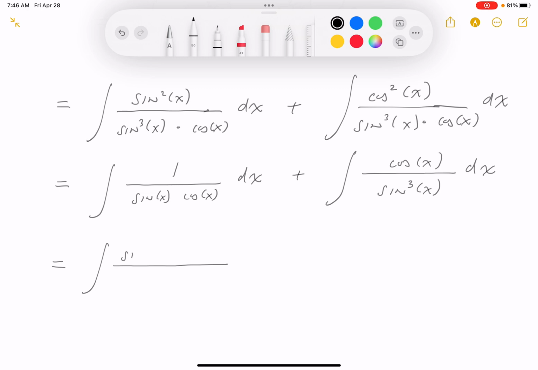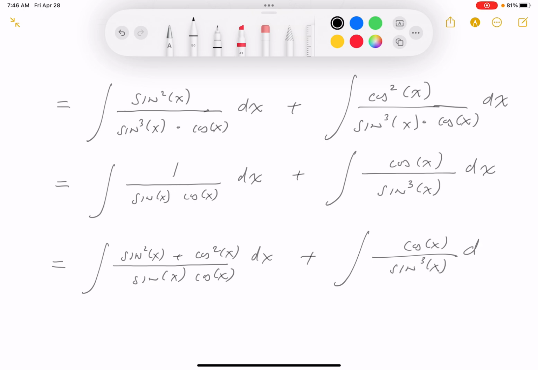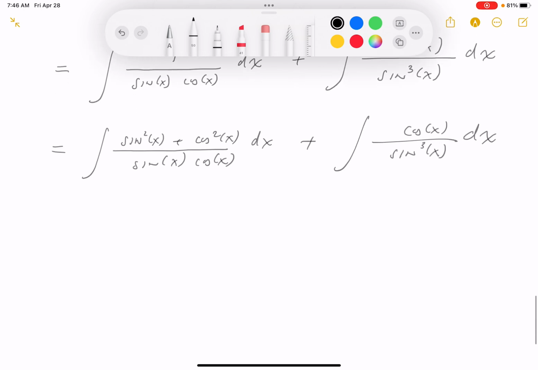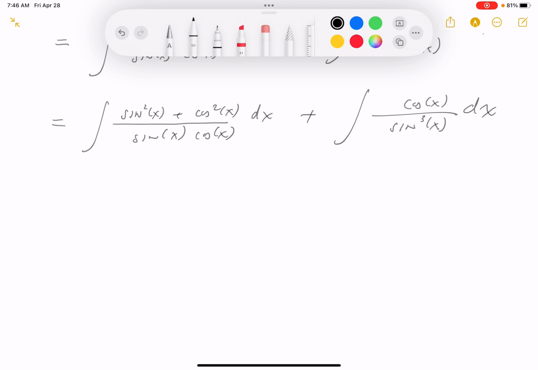I'm going to put down sine squared plus cosine squared over sine x cosine x dx. Again, we'll do this one later, but I'll write it down for you now. All right, this is a long problem, isn't it? And I'm going to split into two problems again.